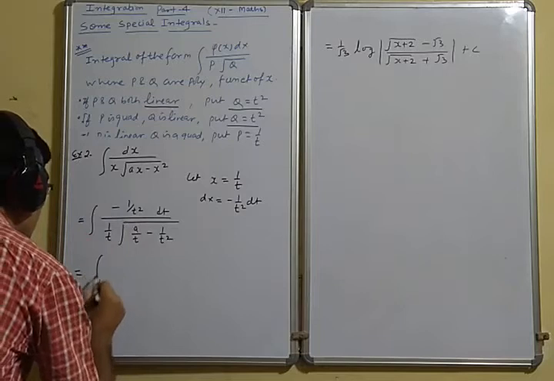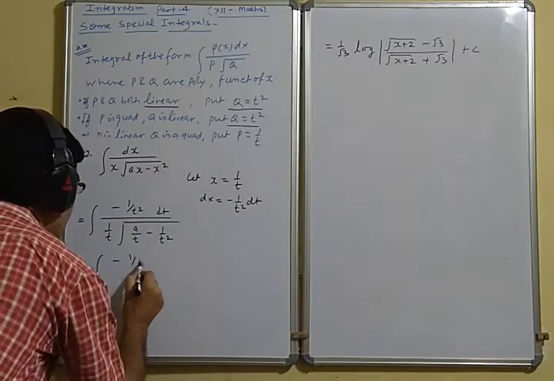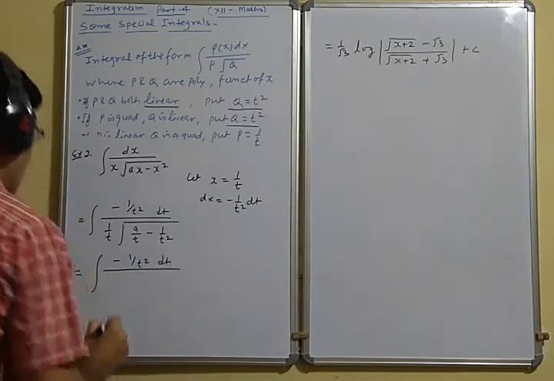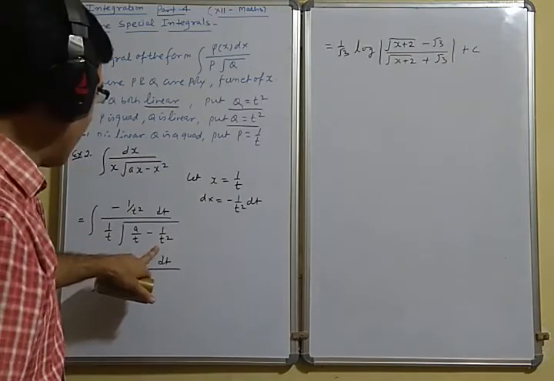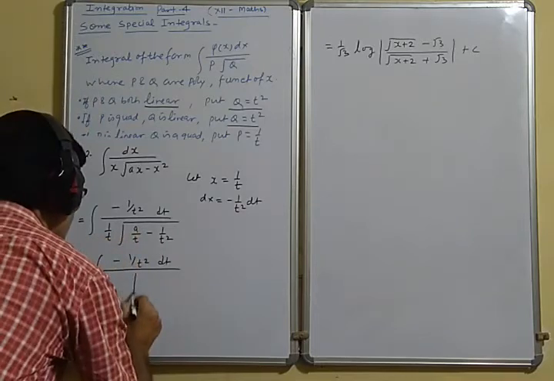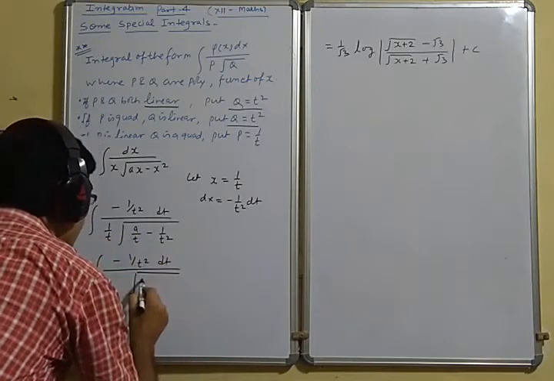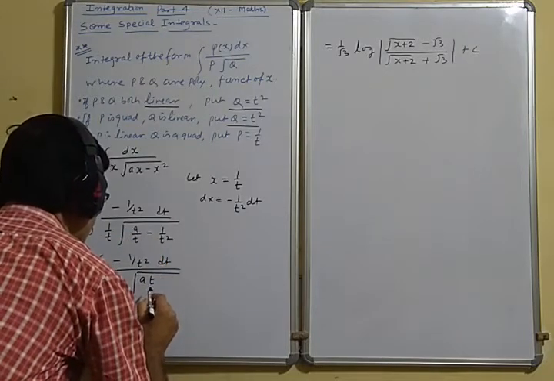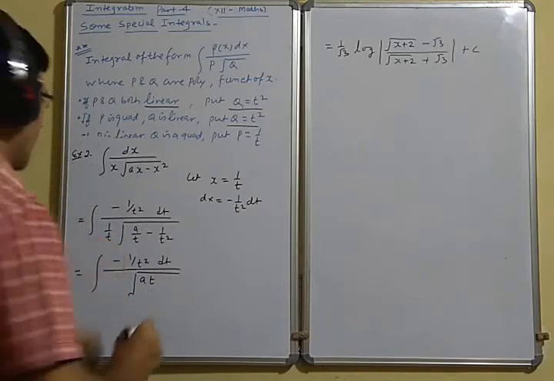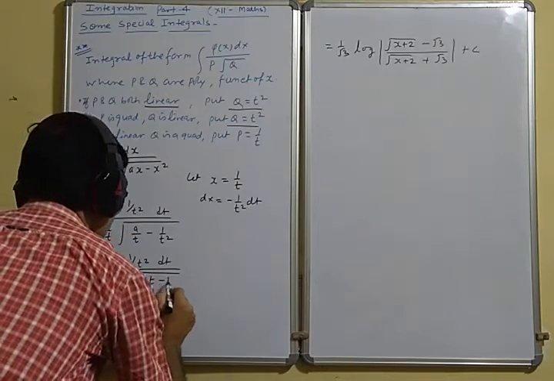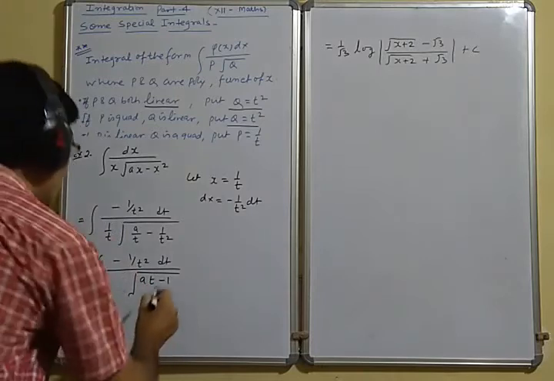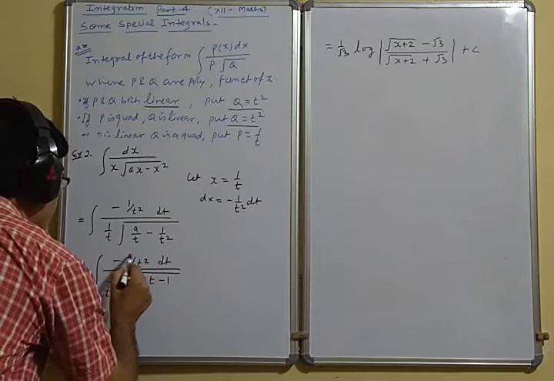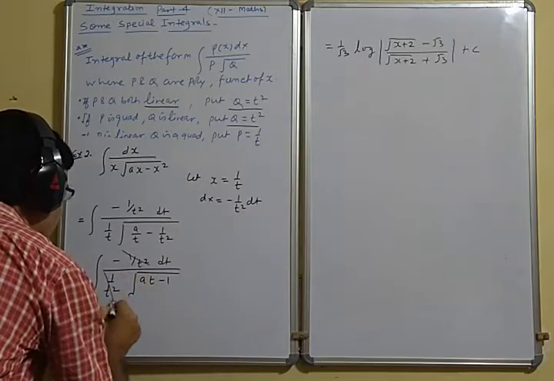Taking the LCM t square, this becomes square root of (at minus 1) whole upon t square. Taking it outside, that is 1 upon t, so the 1 upon t square cancels out.